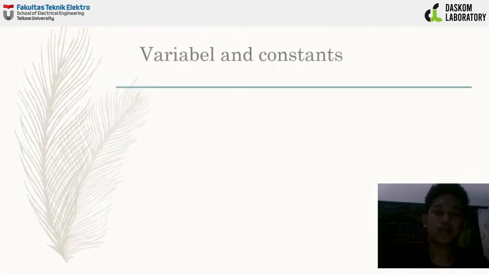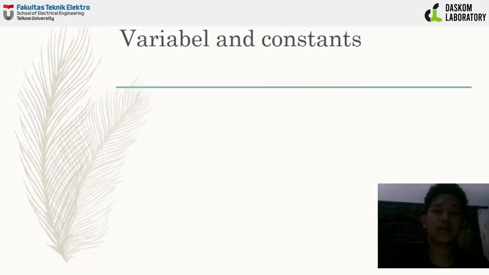So, next is variable and constant. I'll not explain this in detail, but you can search for it in the modules. I'm going to explain it simply. A variable is a name for data that has a value, and you can freely name it.